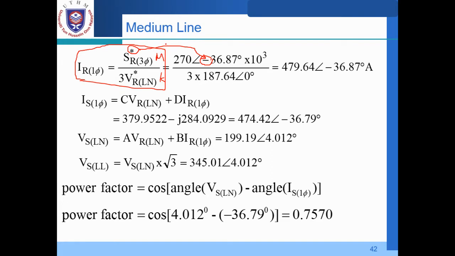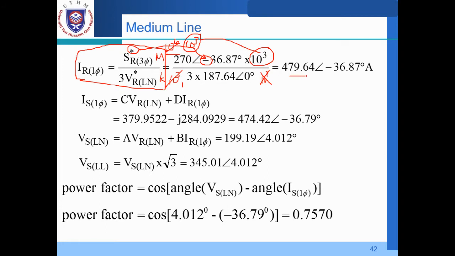So we have 10 to the power of 6 divided by 10 to the power of 3, and then you cancel out. This is actually 10 to the power of 3. So here there is no more 10 to the power of 3 because the operation has been done earlier.